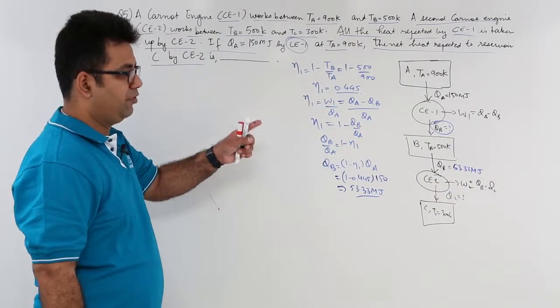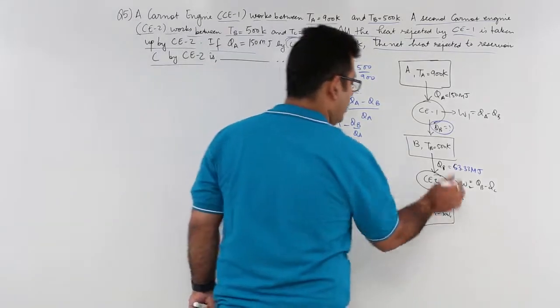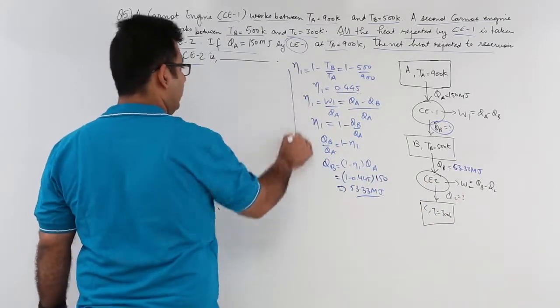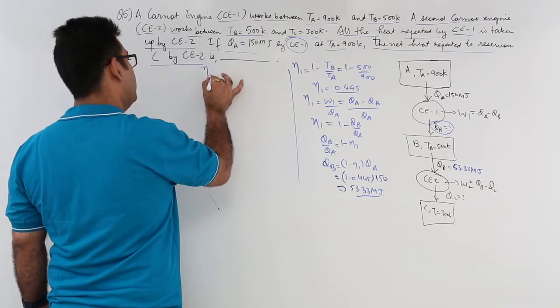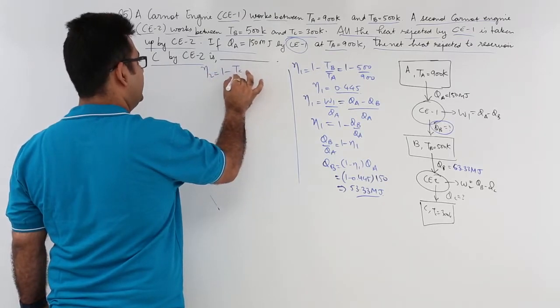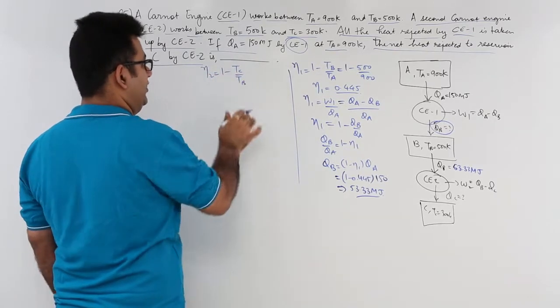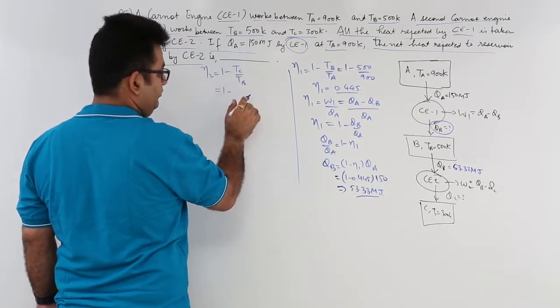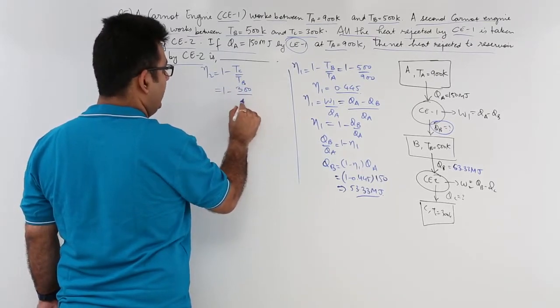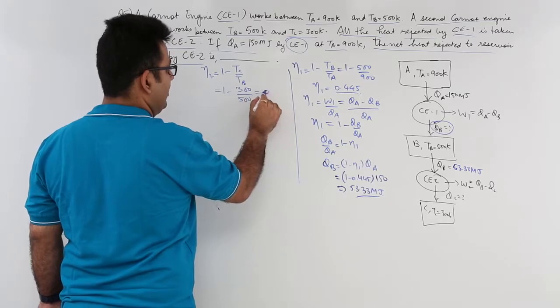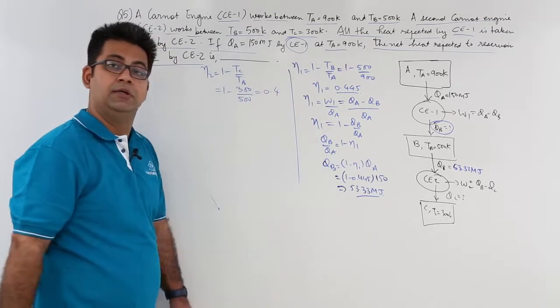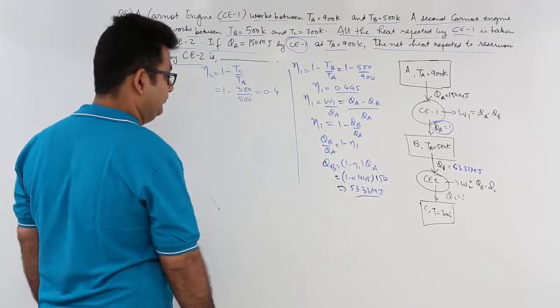By following the same procedure, I need to find out QC. For that I will find out eta 2, which is 1 minus TC by TB, which is 1 minus 300 by 500, which will give you exactly 40% efficiency.